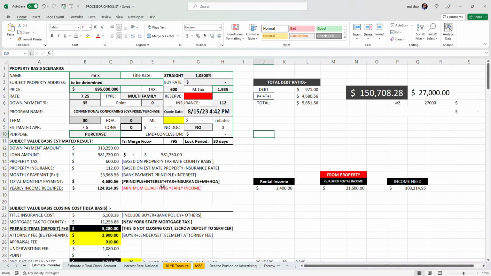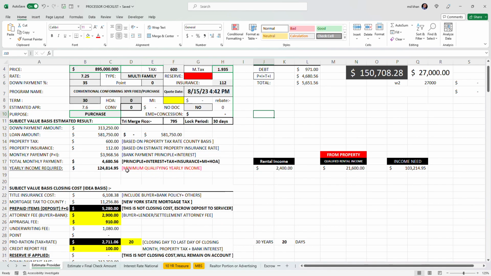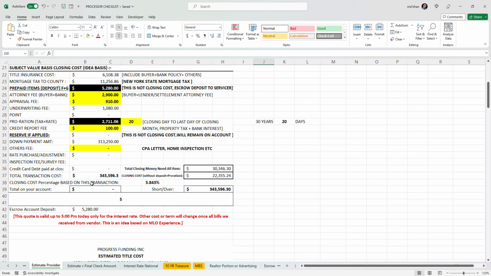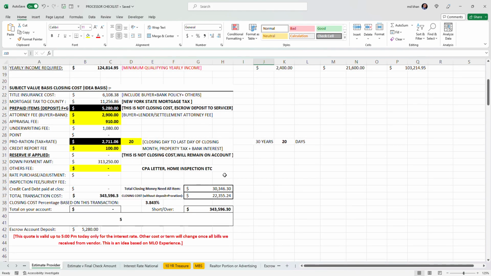Now, what is the item coming up based on his scenario? So, how much total money does he need? If you take a look, he needs altogether $343,596.30. The closing cost will be $22,355.